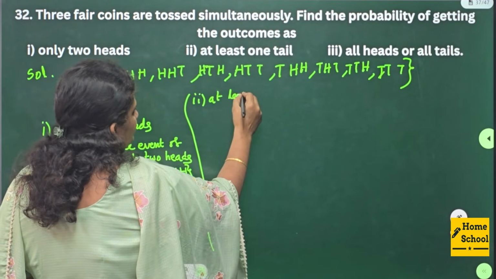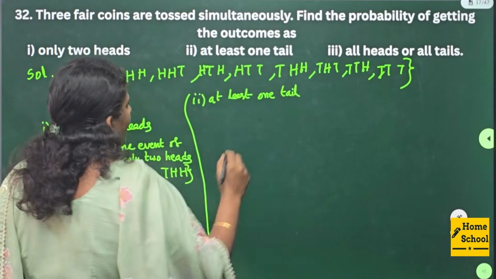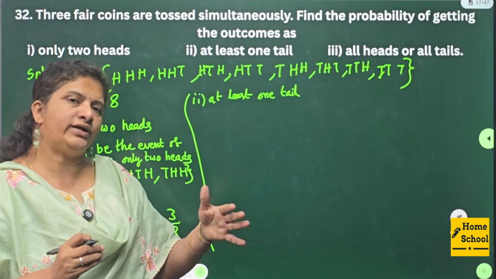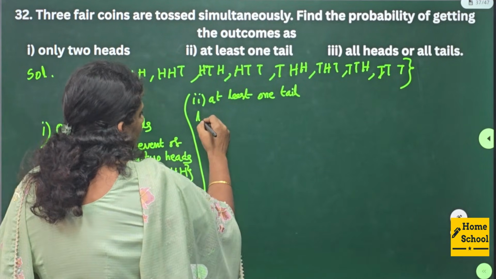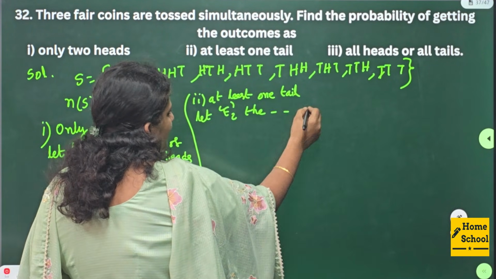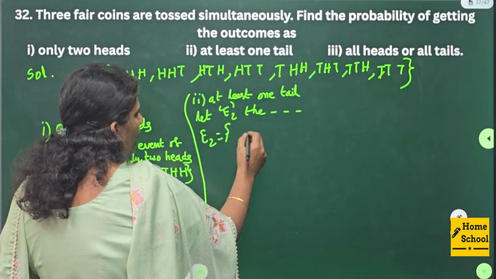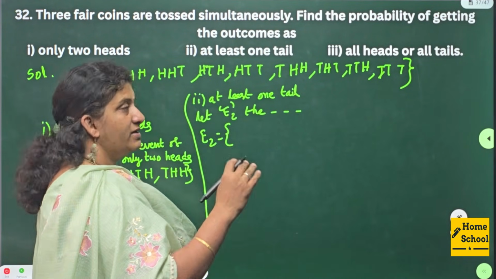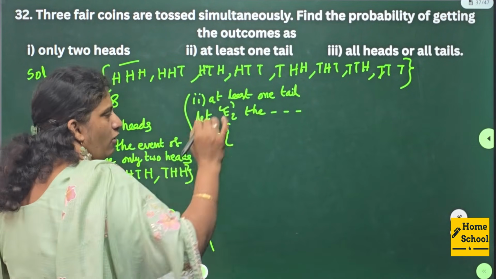At least 1 tail. At least 1 tail means, try to understand, one tail, two tail, three tails also you need to take. Let E2 be the event of getting at least one tail, you write. And now E2 equal to at least one tail. One tail, two tail, three tail means only we are leaving no tail, that is except this remaining all we need to write.